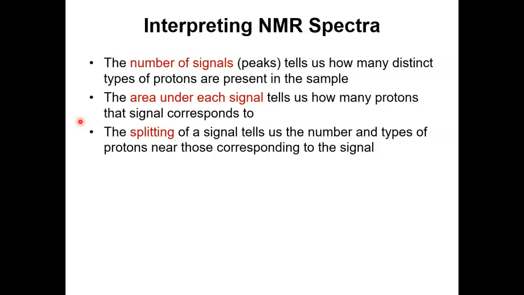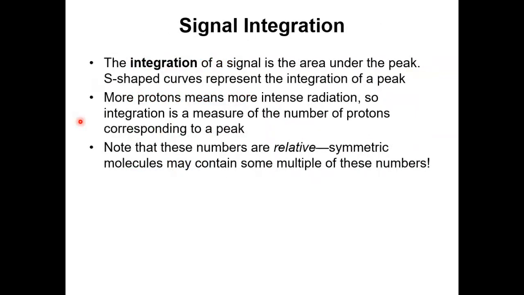If you want to extract the information, these first two types of information should be used first. Then consider the chemical shift value. Lastly, consider splitting. Again, we're going to go through a number of examples. First, let's talk about the signal integration.